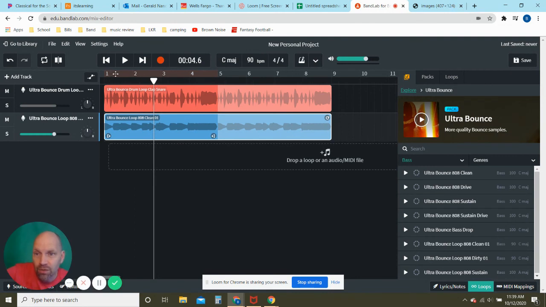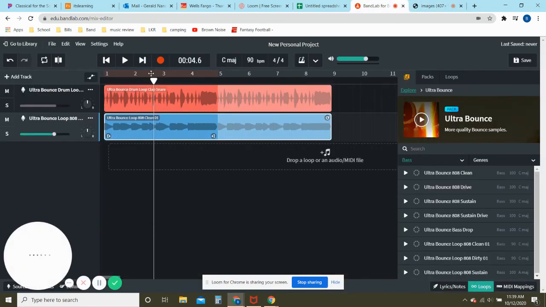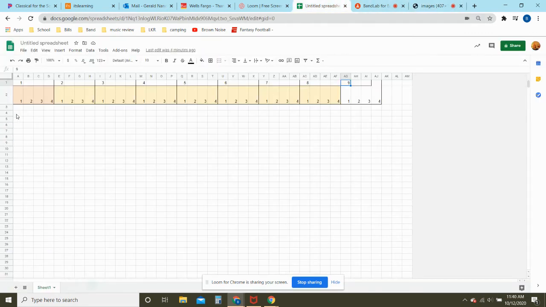This is a measure, so this would be this space. From 2 to 3 would be this space. Okay, and then it would continue on. Remember, there's 4 beats: 1, 2, 3, 4. A measure does not end until the beginning of the next number.